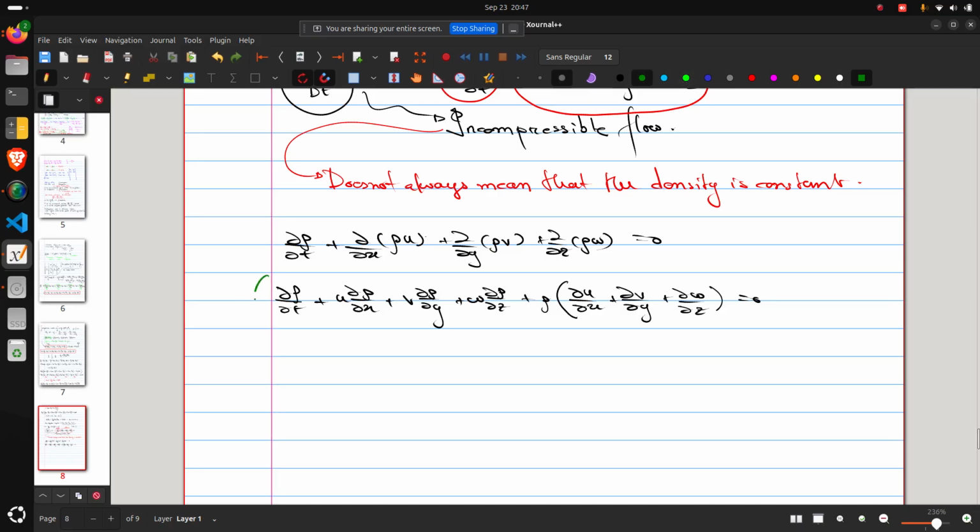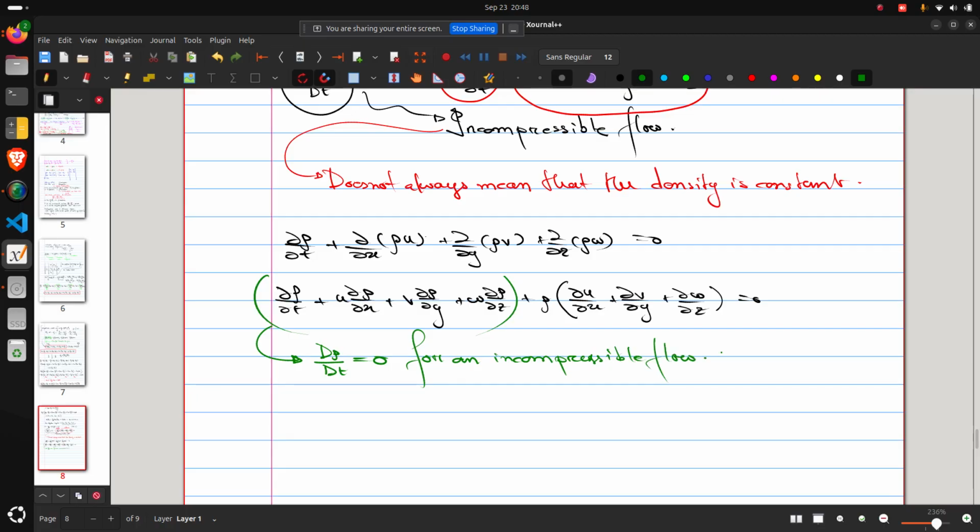And if we look at this term, this is nothing but the material derivative of the density, right, and it is 0 for an incompressible flow.